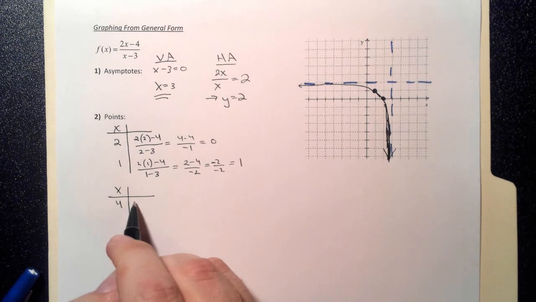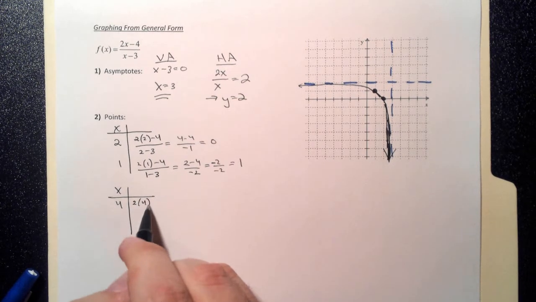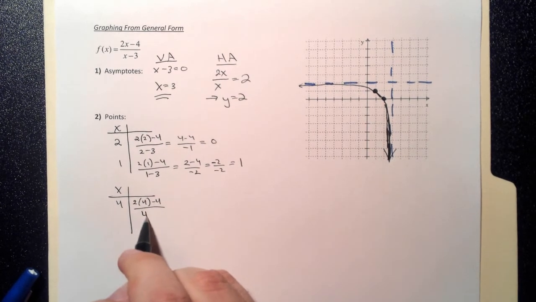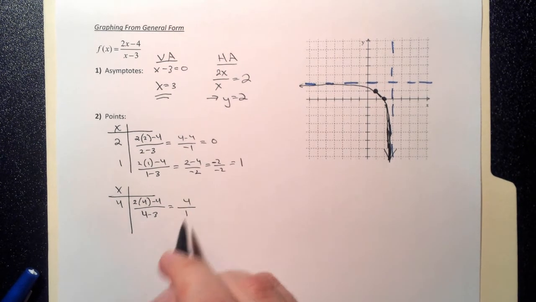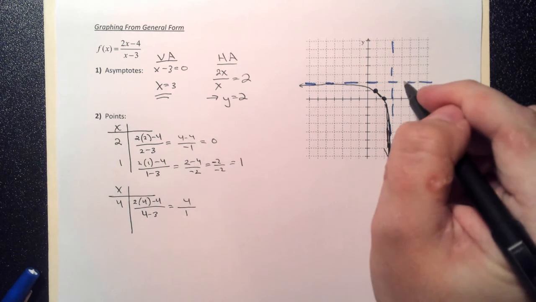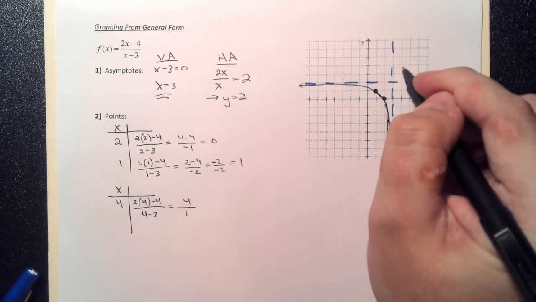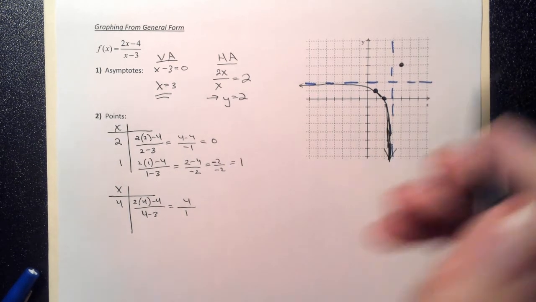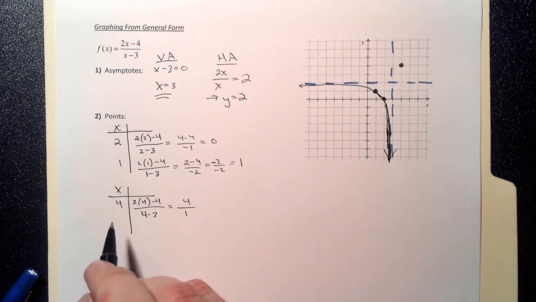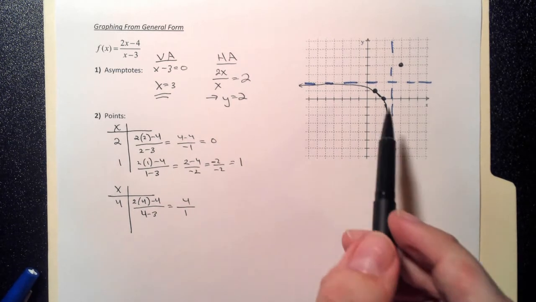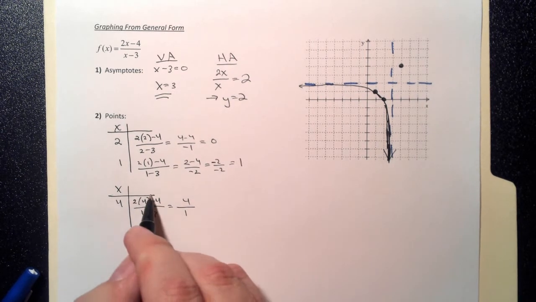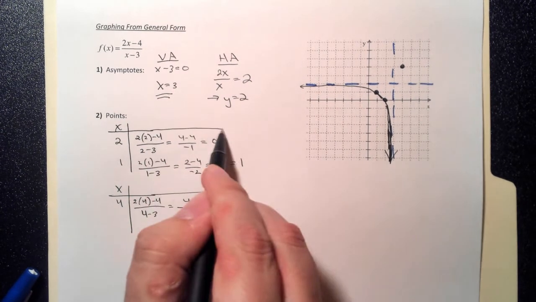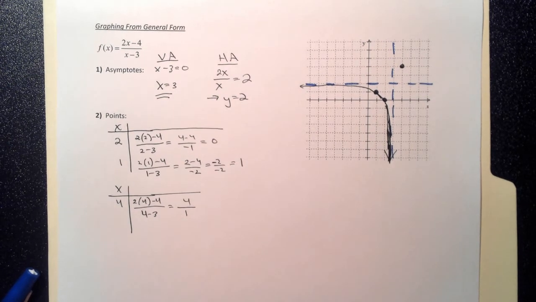If I put in 4 for x, I will have 2 times 4 minus 4 over 4 minus 3. So that's 8 minus 4 over 1. So up here I'm going to be at 1, 2, 3, 4. Like I said, the pattern of how these points are laid out is not super friendly or interesting.